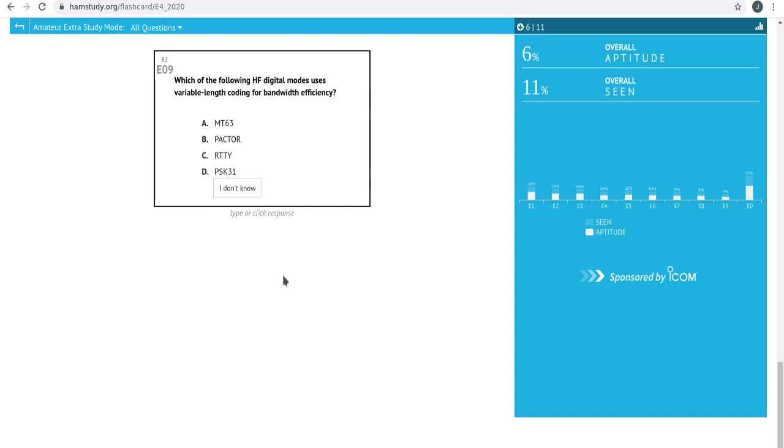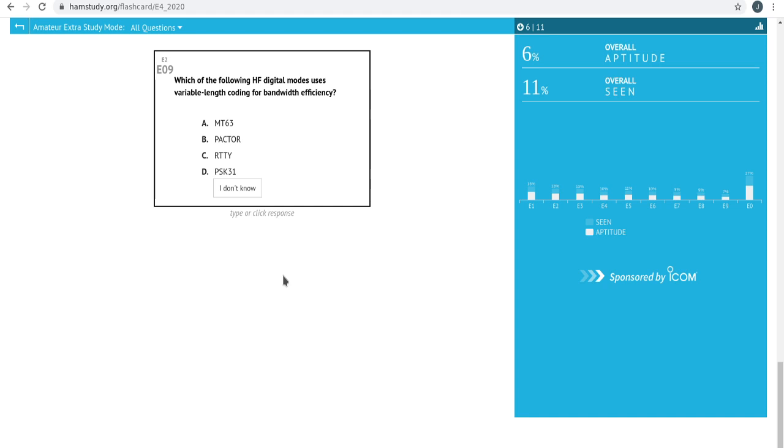Which of the following HF digital modes use variable length coding for bandwidth frequencies? I don't know what A is. MT63. I heard of Pactor, I heard of RTTY, and PSK31.